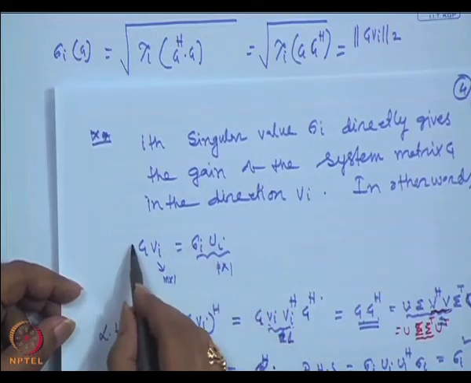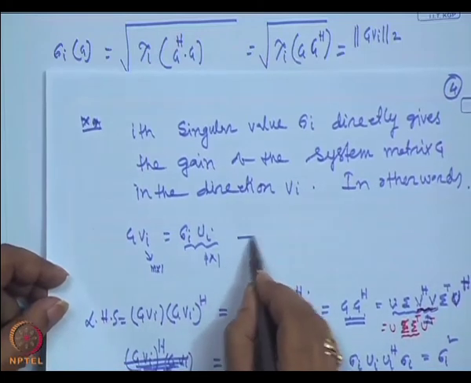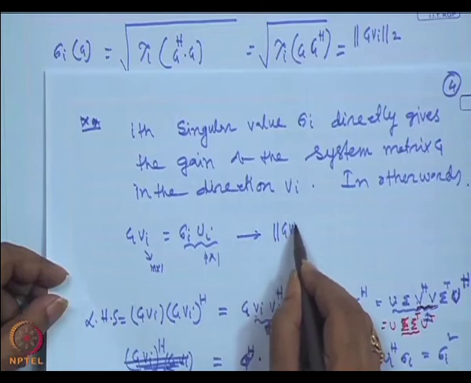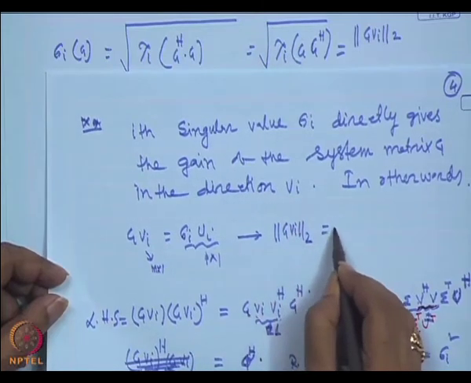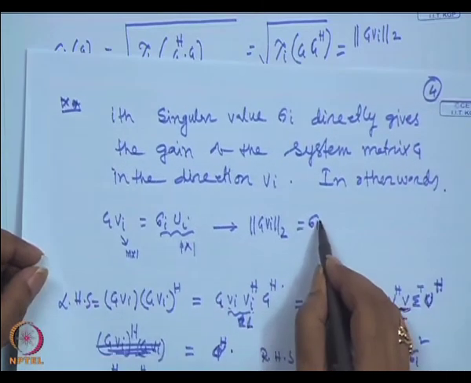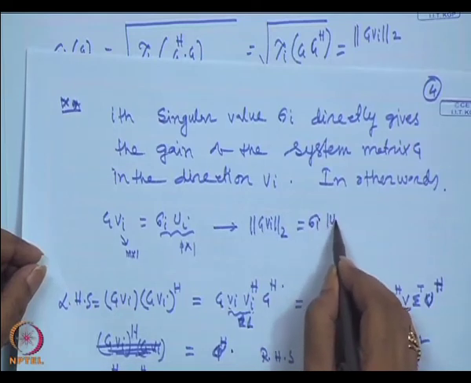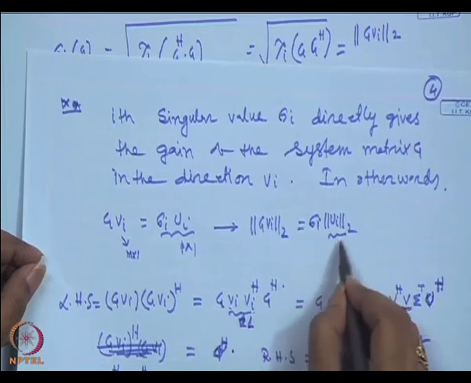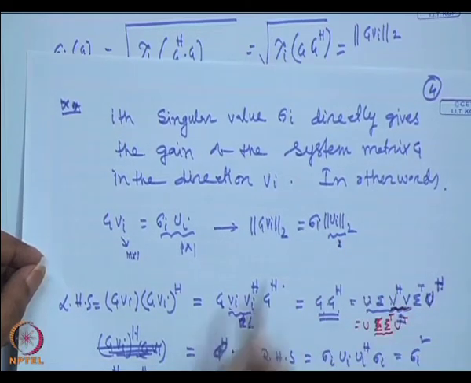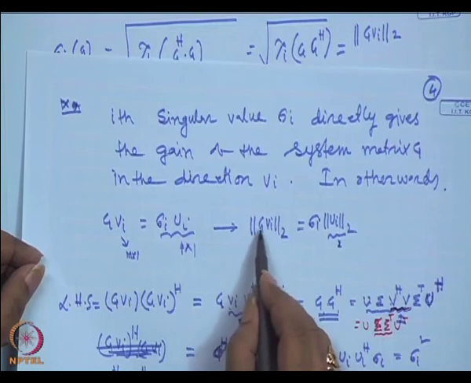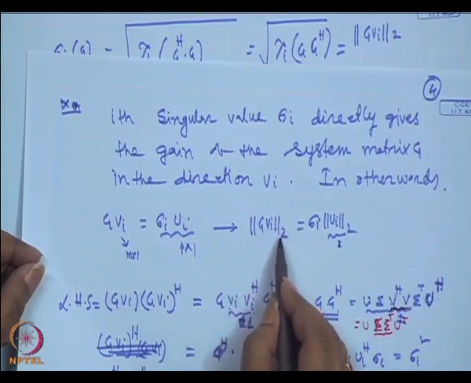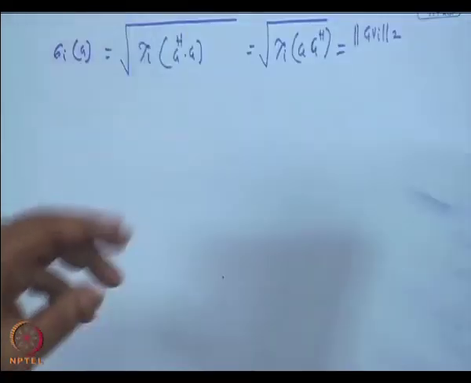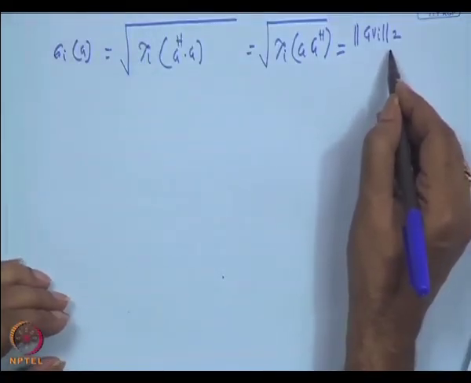So from here, take the norm: the norm 2 of G V_i is equal to sigma_i times the norm 2 of U_i, and this value is 1. So sigma_i is nothing but the norm 2 of the vector G V_i. We got it.